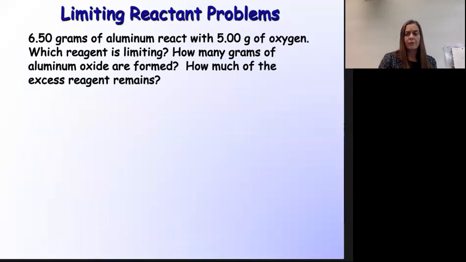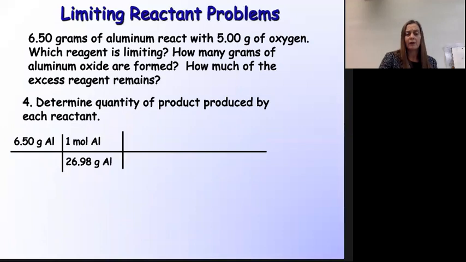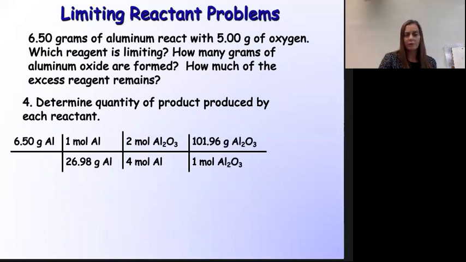The other approach is to do the full stoichiometry problem and calculate all the way through to figure out how much product each of them could potentially make. So the typical stoichiometry process: from grams to moles, moles of aluminum to moles of aluminum oxide, and then moles to grams.